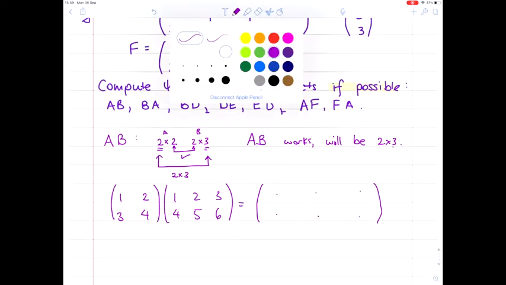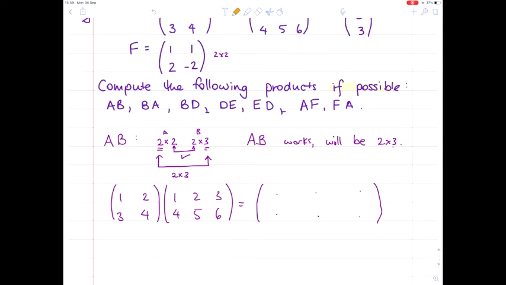Okay, so taking it slowly, we're going to think about our first entry over here. So this is really, if you're thinking, the 1, 1 entry. So this says take the first row of A and dot product it with the first column of B. So if we do that, we're going to get 1 times 1 plus 2 times 4.